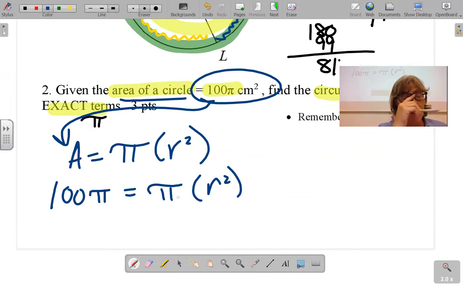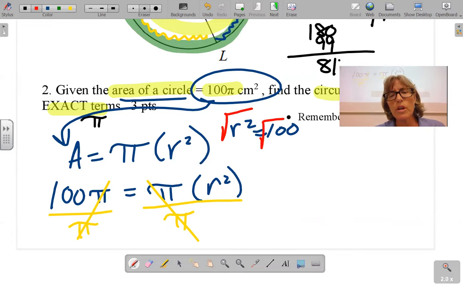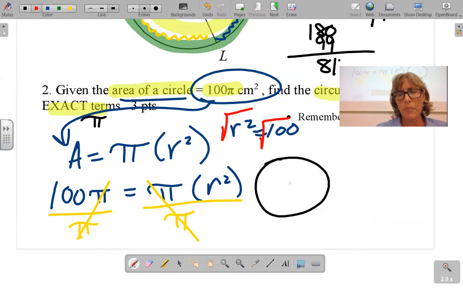We want to solve for what we can. We're going to have r squared equals 100. The opposite of squaring is square rooting. That means our circle radius is now 10, square root of 100.